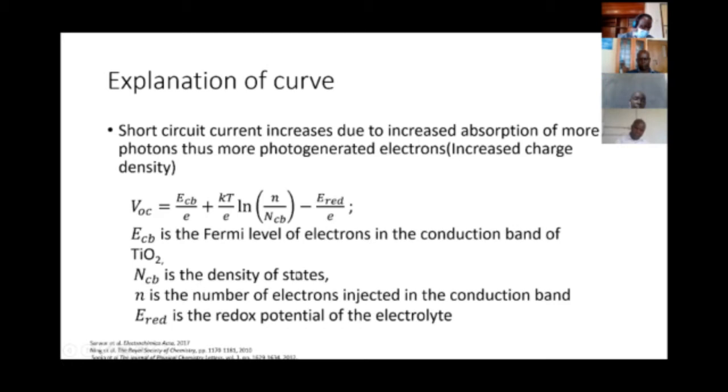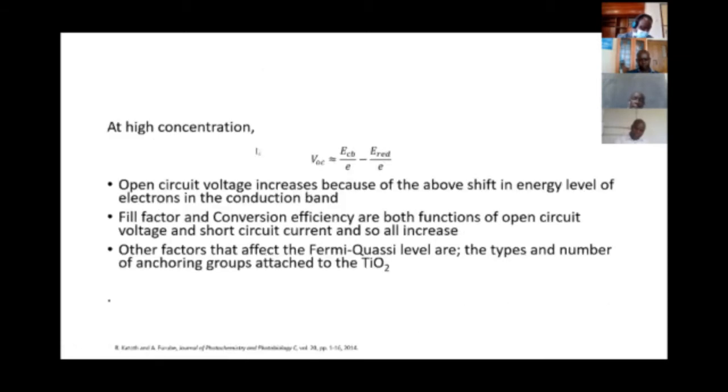Now, as N increases, this term here usually goes to 0 because of this logarithmic term here. So eventually at a high concentration, VOC is approximately given by this relationship here. This indicates a shift in energy level of electrons in the conduction band of TiO2.